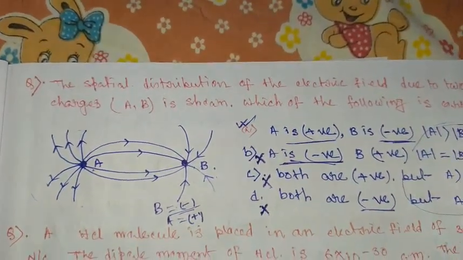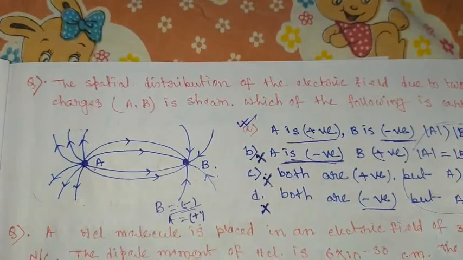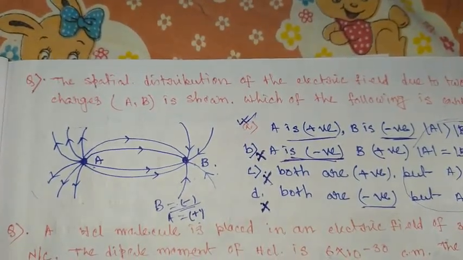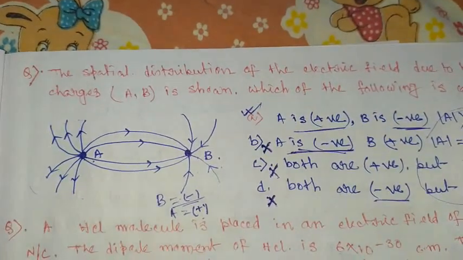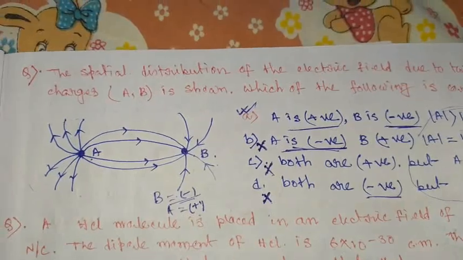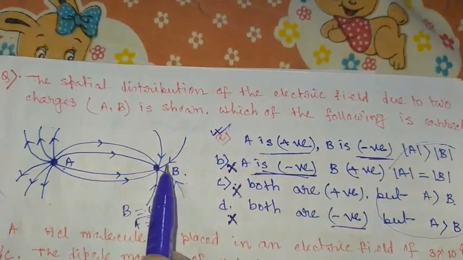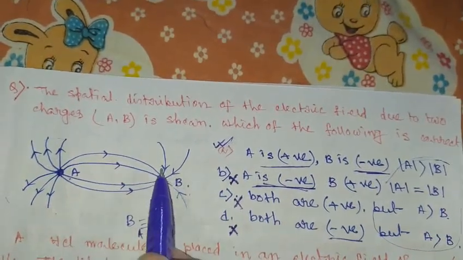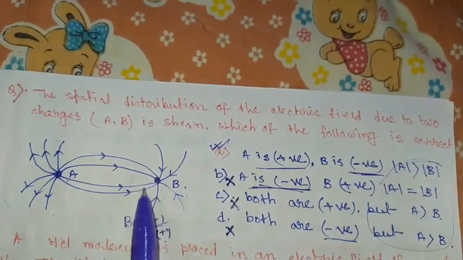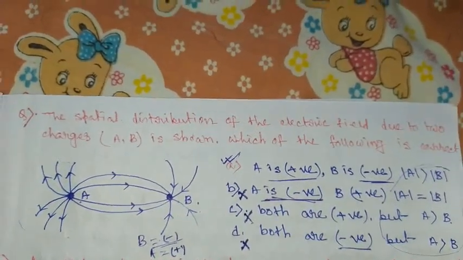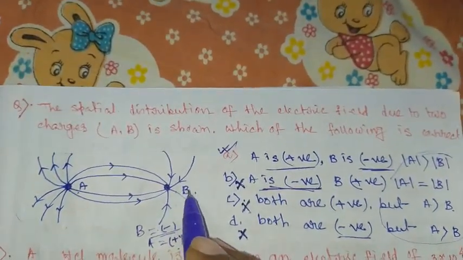That means where the flux lines are very close, the magnitude of the charge is larger than on the other side, and where the density of flux lines is relatively low, the magnitude of the charge is also low.